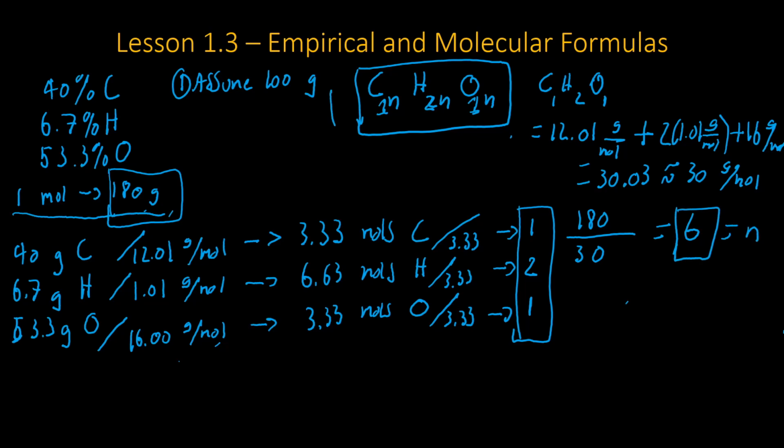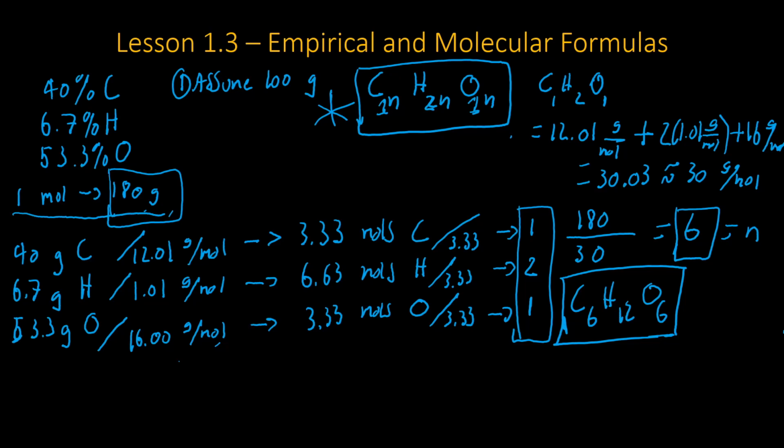So now we can go back to the empirical formula that we derived, plug in my 6 value, and it ends up with C6H12O6. Then this is going to be your actual molecular formula.